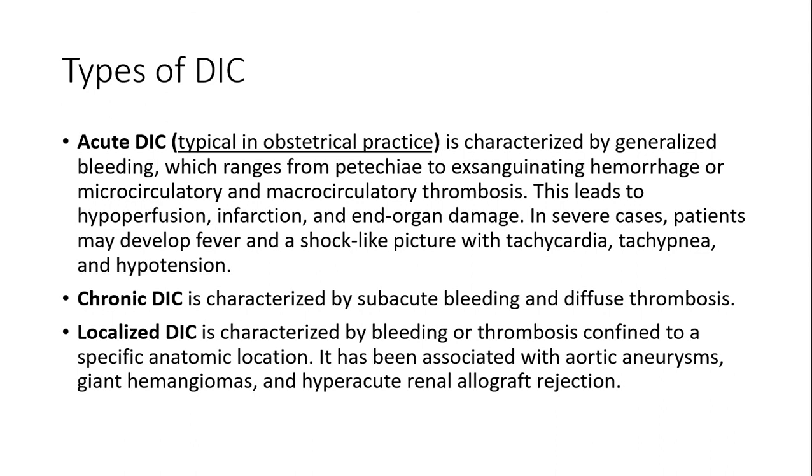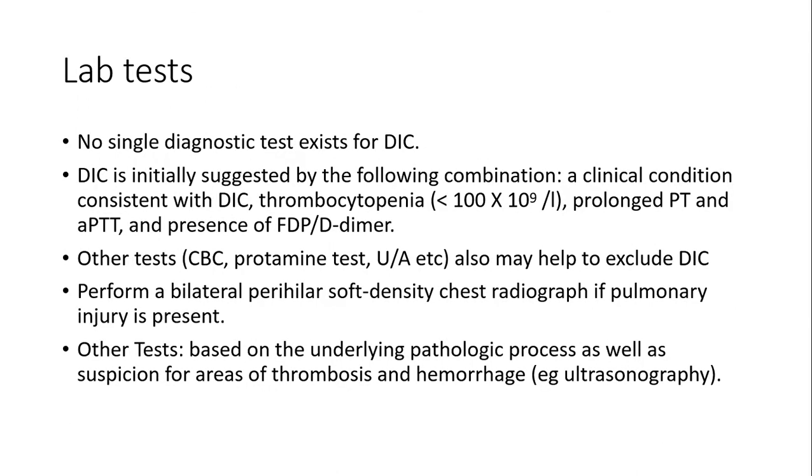Types of DIC may be acute, typical in obstetrical practice; chronic DIC, which is characterized by subacute bleeding and diffuse thrombosis; and localized DIC, which is characterized by bleeding or thrombosis confined to a specific anatomic location. It has been associated with aortic aneurysms, giant hemangiomas, and hyperacute renal allograft rejection.